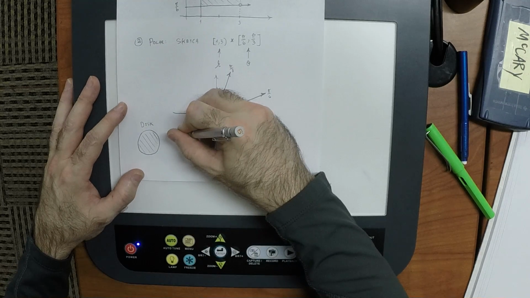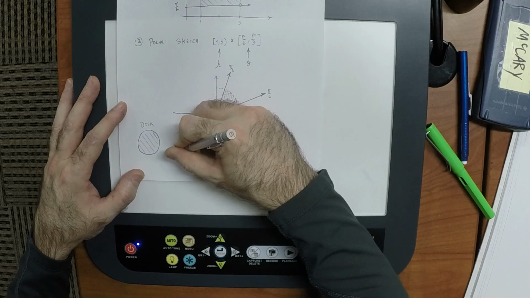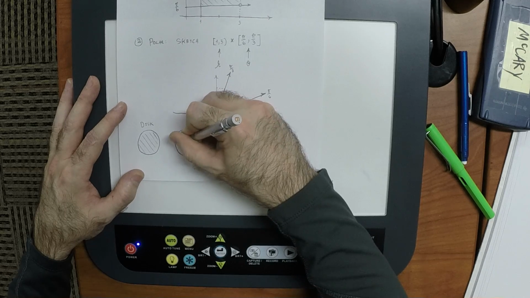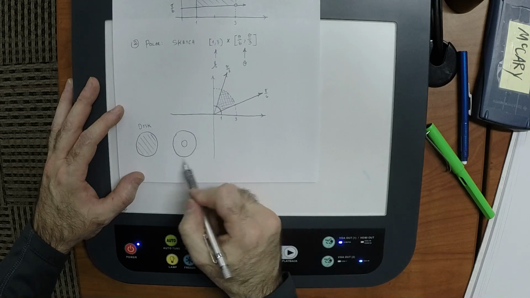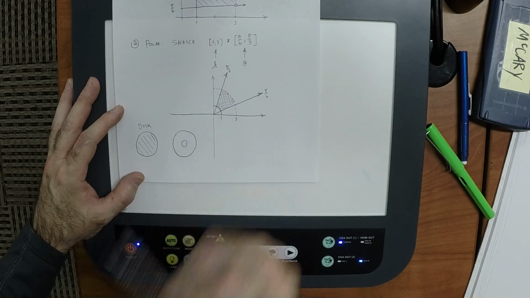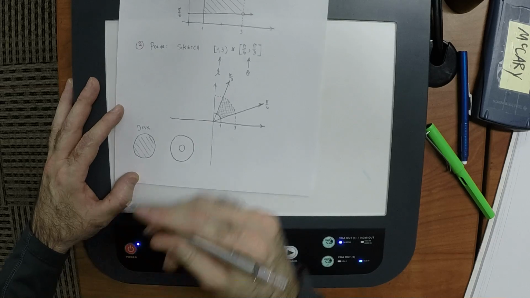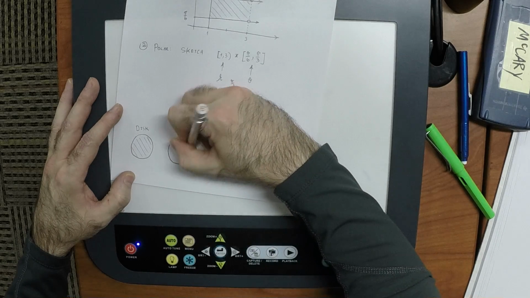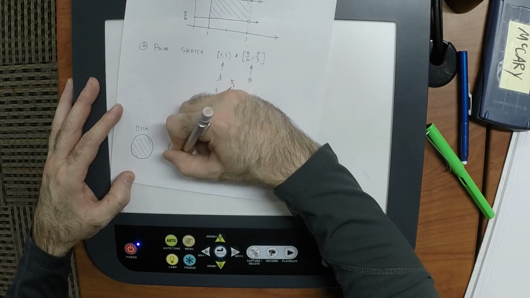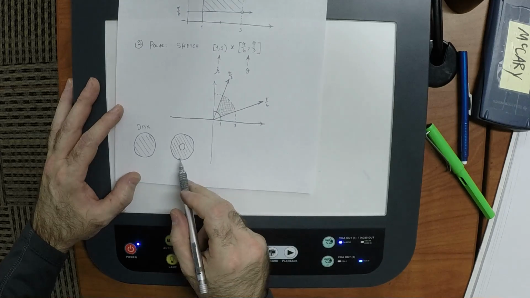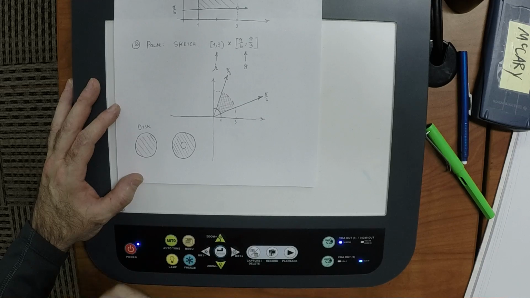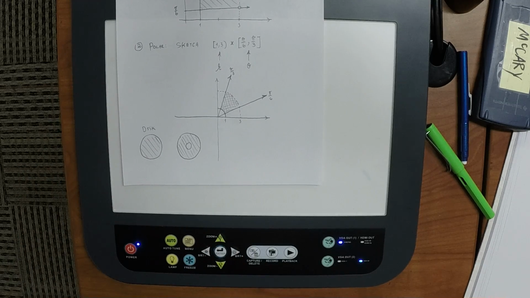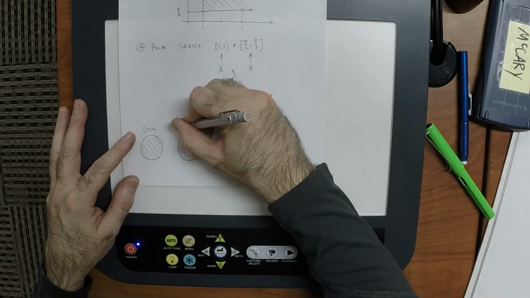When you have a disk, but you delete from it a disk in the middle, so in that picture, this is the circle of radius 3, but we deleted from it the circle of radius 1, all the content, so that it looks like this. Does anyone know the name of this thing? A washer? I like it. That's perfectly good, but there's a math name for it. It starts with A. Anyway, it's annulus.